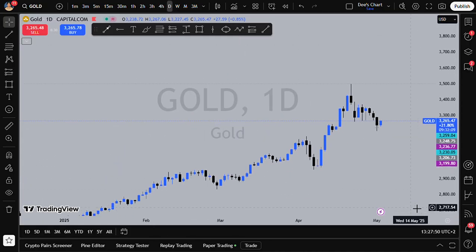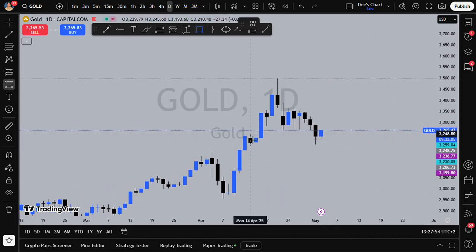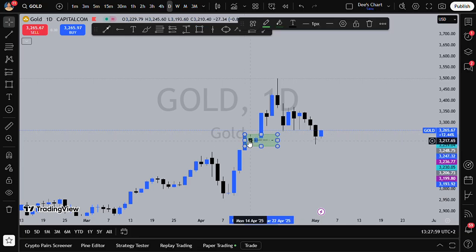I tend to use a daily or weekly time frame, depending on the pair, whether it's forex, indices, metals or crypto. In this case, for metals, I tend to use the daily time frame.